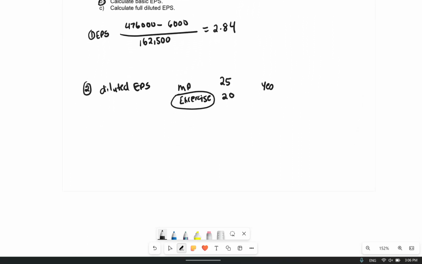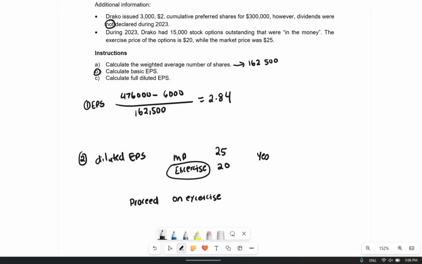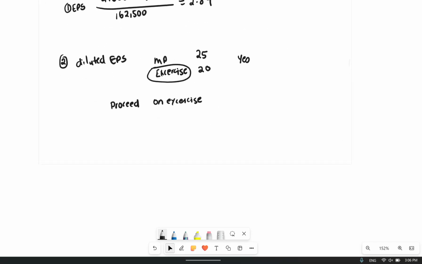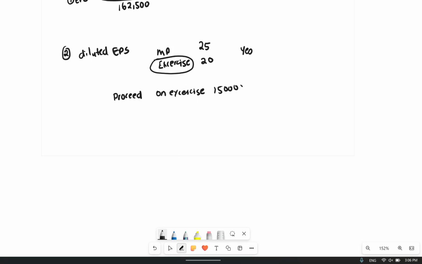diluted earning per share. So first we needed to do is the cash proceeds that the company received on exercising their rights. So the exercise, how much they were going to get, 15,000 shares. The price that they paid was 20. The proceeds the company received was 300,000. So the number of shares they are going to issue is 15,000.